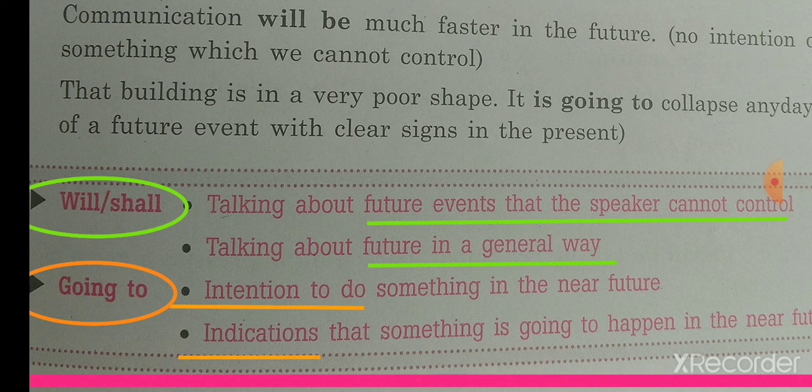Like if you say I will go to market tomorrow, then the speaker doesn't have any control. Maybe due to some happening you are not going to attend the meeting, or you are not going to go to market. In that situation you don't have any control, so there you will use will or shall.